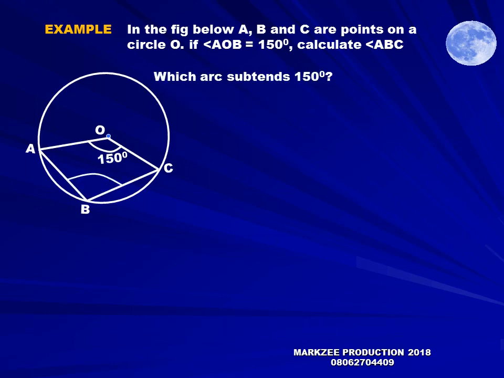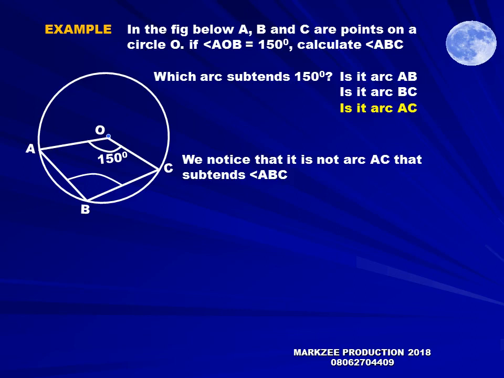Now we are asked to calculate the angle at B. Now, which arc subtend 150? Is it arc AB? Is it arc BC? Or is it arc AC?